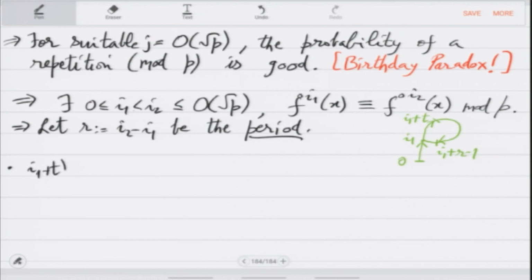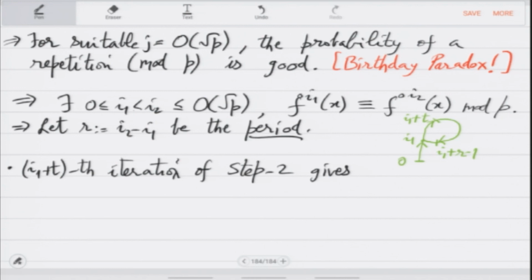The i1 plus tth iteration of step 2 gives us the i1 plus t times composed f on x, and twice that on x.